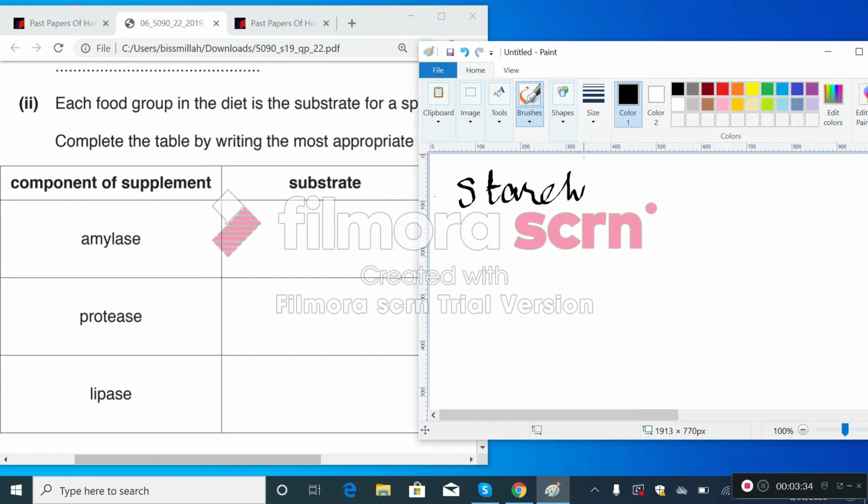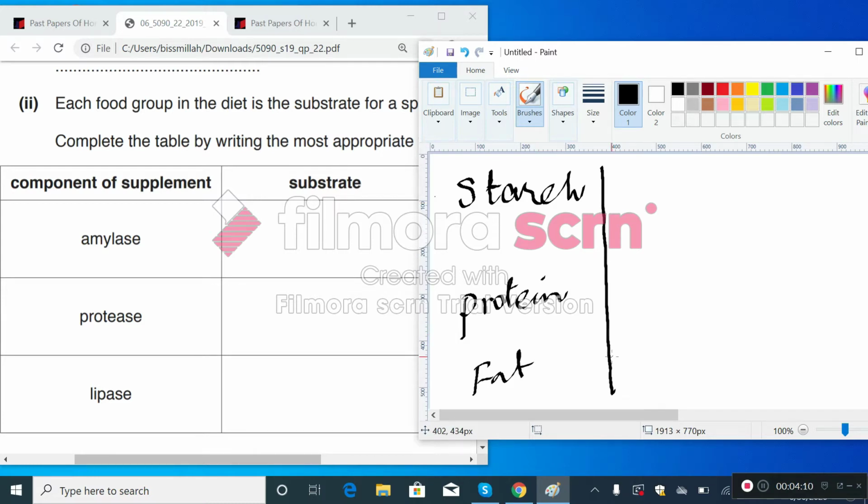Second, the component of supplement is protease. Protease always digests protein. So over here we will write the answer protein. The third component is lipase. Lipase digests fats or lipids. These are the substrates.